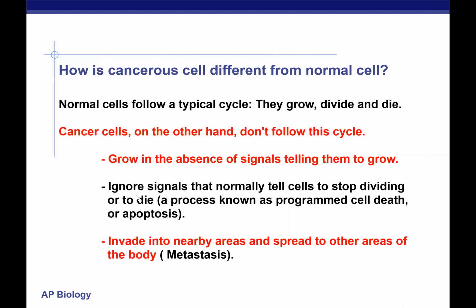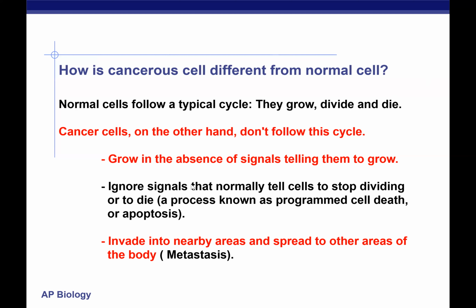Means the cancer cells ignore the stop signals as well as the signals which tell them to die in case the cell is not healthy enough to continue, which happens in a normal cell. So in a cancer cell, this is happening.